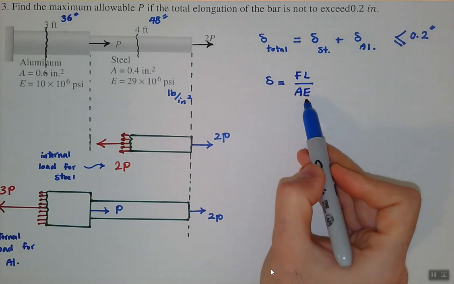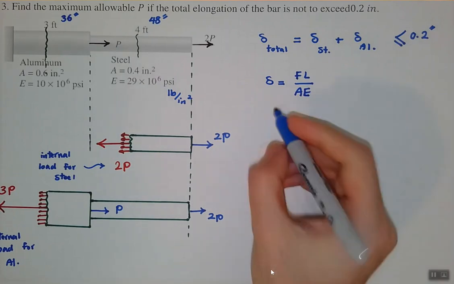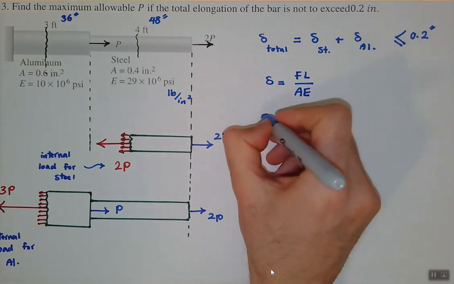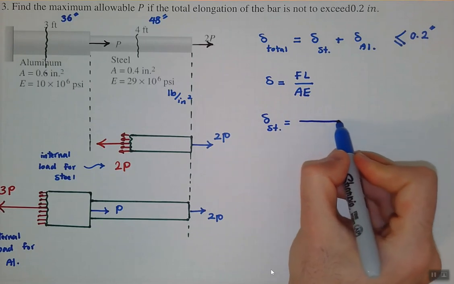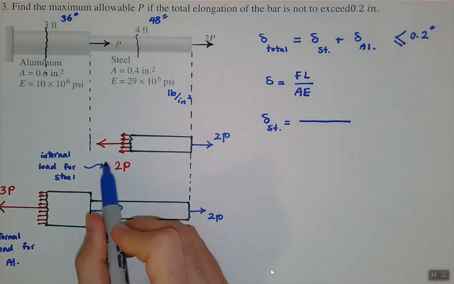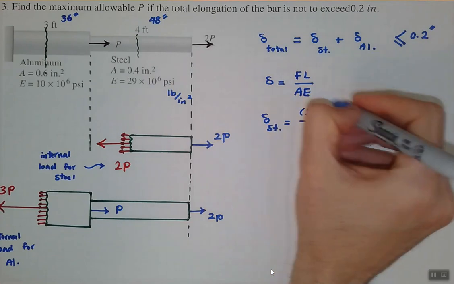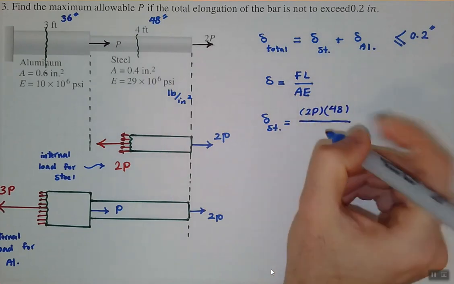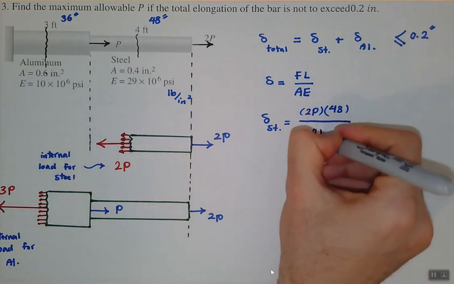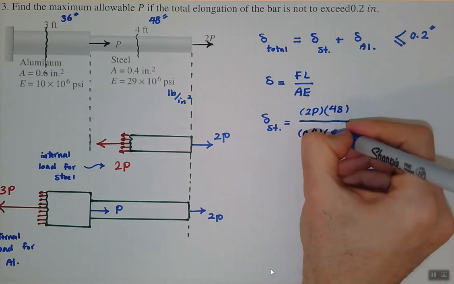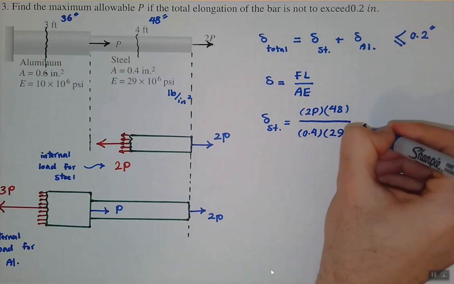E is the modulus of elasticity, A is the area, F is the load, and L is the distance. Let's plug in all these numbers. So the delta for steel will be then, what is the load for the steel portion? It is 2P. What is the length? 48 inches. And what is the area? I have the area over here, 0.4. And also I have E, which is 29 multiplied by 10 to the power of 6.